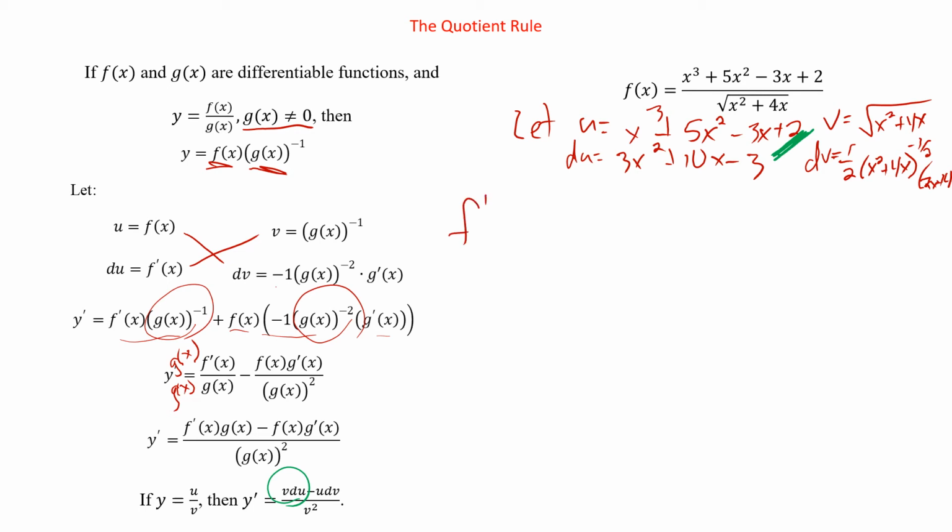So f prime of x, it's going to be that times that. So we're going to go 3x squared plus 10x minus 3 times the square root of x squared plus 4x minus, now we go the other direction.